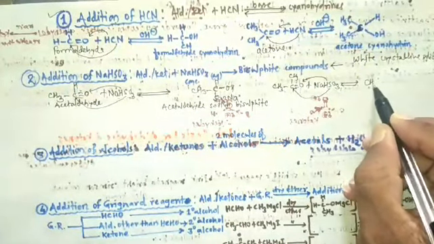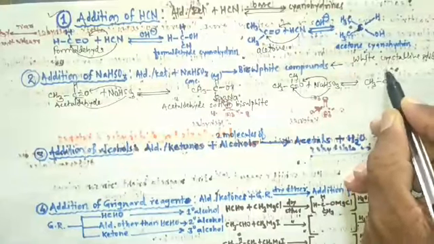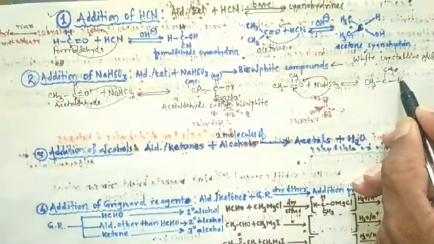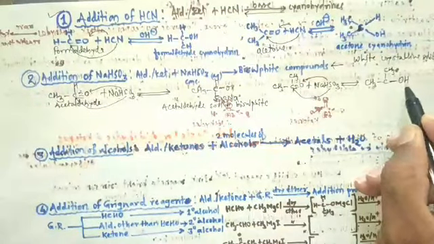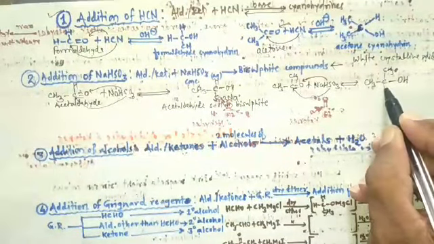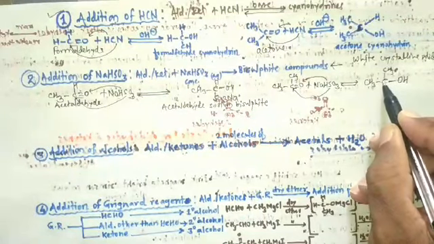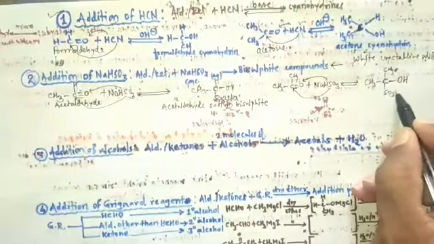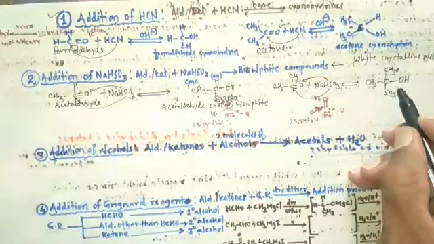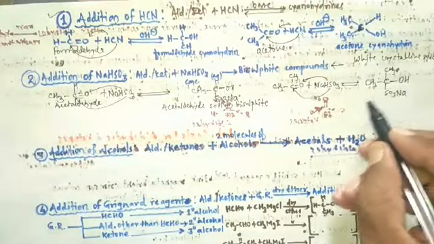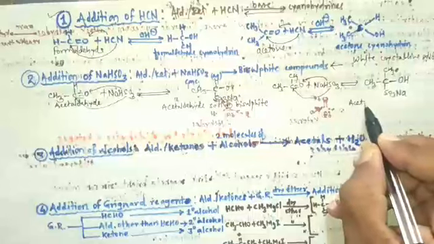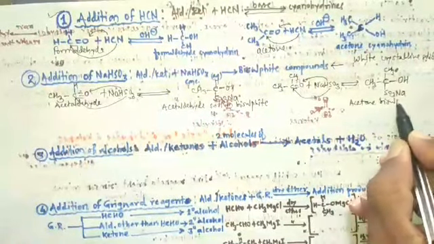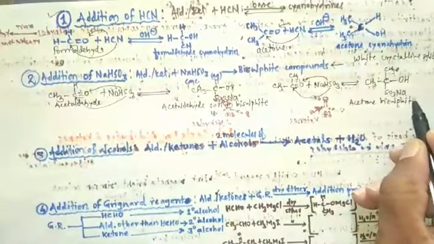The product formed is CH3 C CH3, where the double bond is broken and hydrogen gets attached to the oxygen, with SO3Na attached to the carbonyl carbon. The name of this product is acetone bisulfite.